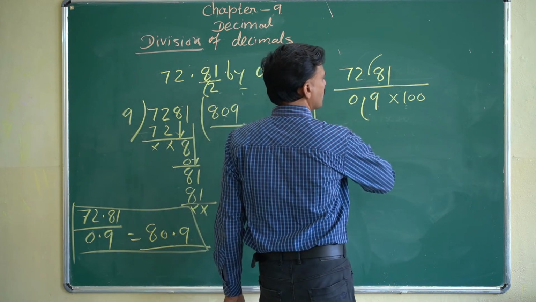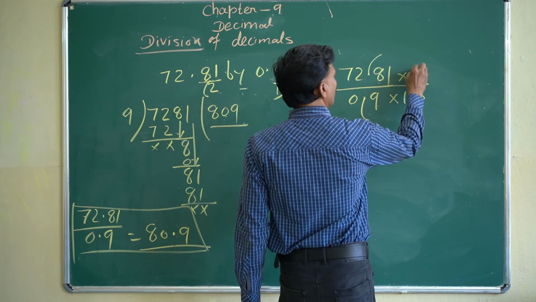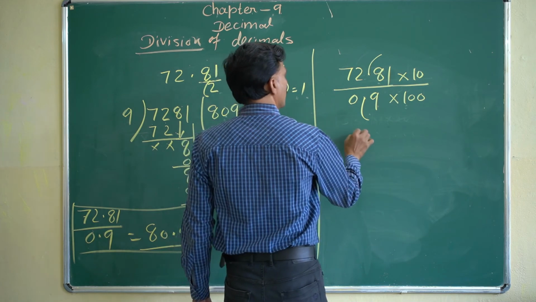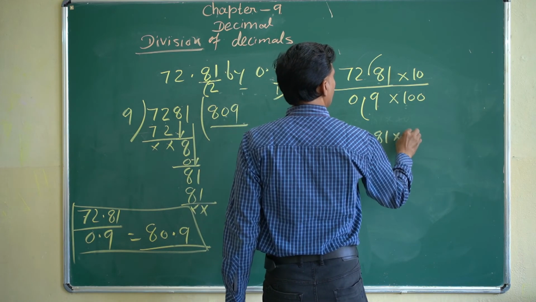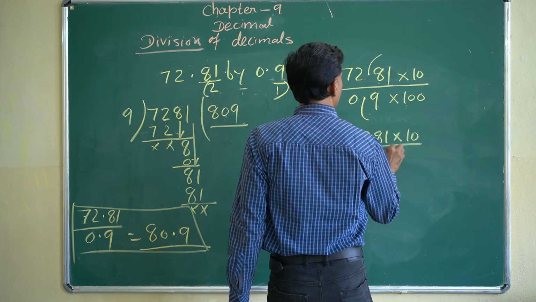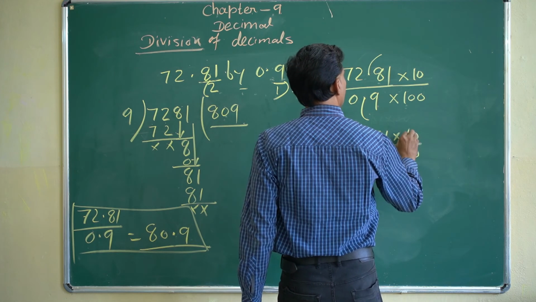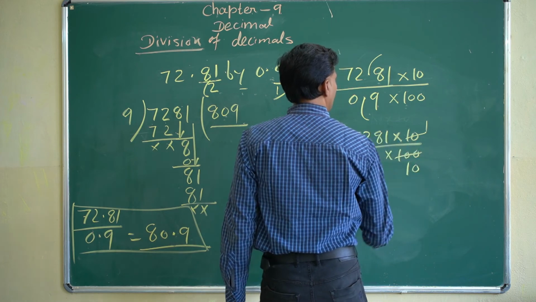In the denominator, after the decimal there is 1 digit and we are removing it, so 10 will come in the numerator. So it becomes 7281 into 10 upon 9 into 100. Then it will cancel, so it will come 10.